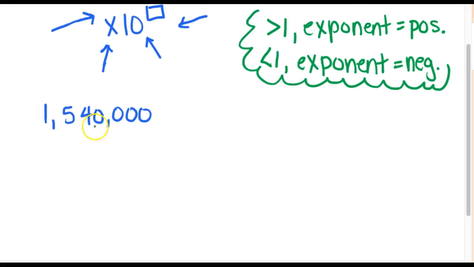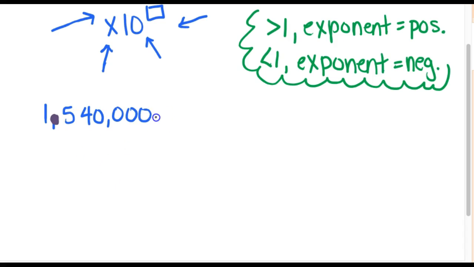So looking at this, I'm going to want to put my decimal, let me change the color so we can see it a little bit better, right here because I know that 1.5 is greater than 1 and less than 10. But if I moved it to right here, that would make it 15, and 15 is more than 10.